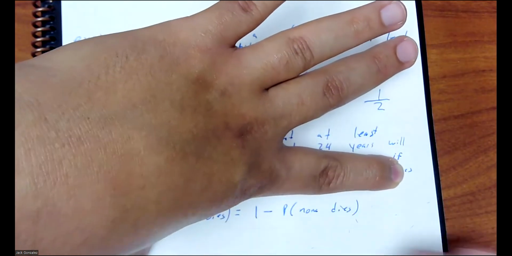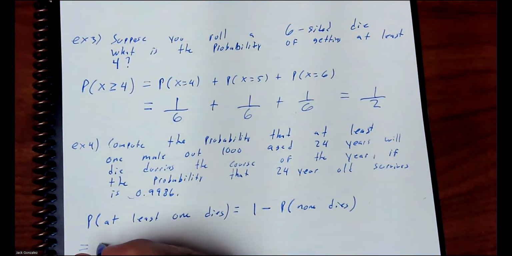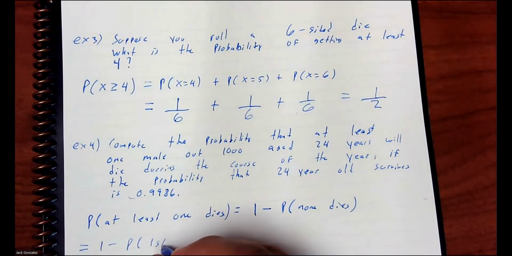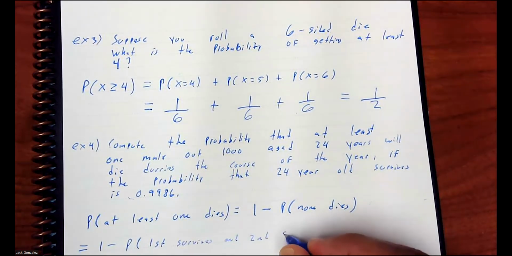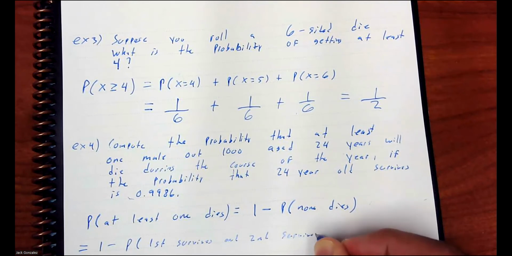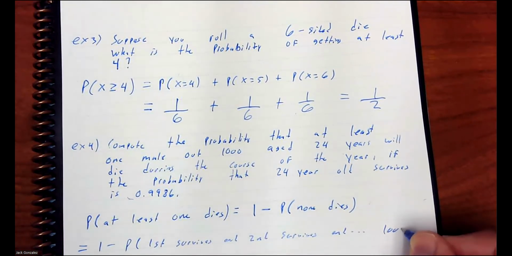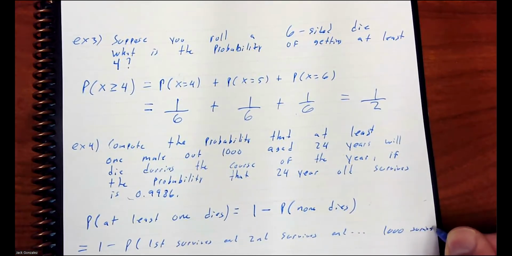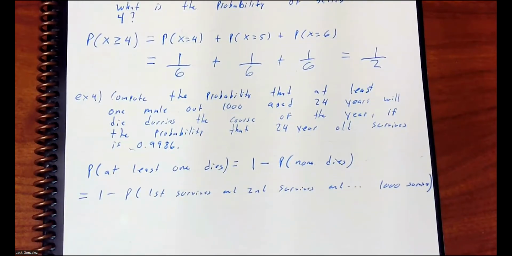It's looking like garbage. I'm gonna put it way over here. None dying means that they all survive. So the first guy survives, and the second survives, and all the way to 1,000. That clear?